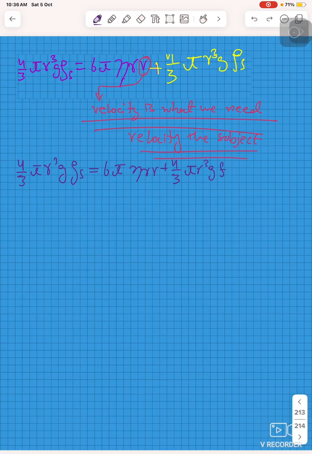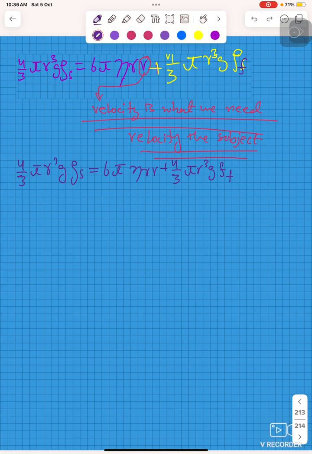Always remember to differentiate between what we are talking about, because it will create similarities, because we have two equations of the same kind. The difference is that this is the density of the sphere and this is the density of the liquid. Now again simplified. Now the pi's cancel each other, and r.